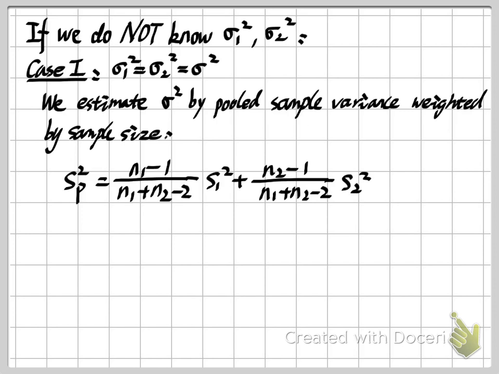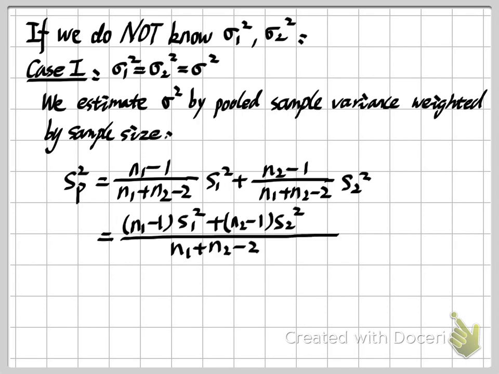This is the weight for the first sample variance S1 squared. Similarly for the second one, we use the degree of freedom for the second sample divided by the degree of freedom for the whole sample, times the second sample variance. This has two parts, and of course we can rewrite it as one equation, which reads as this equation.